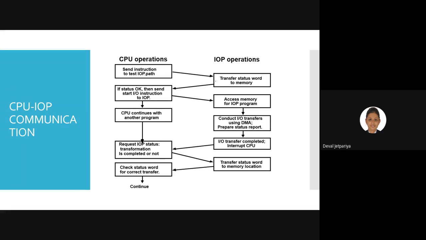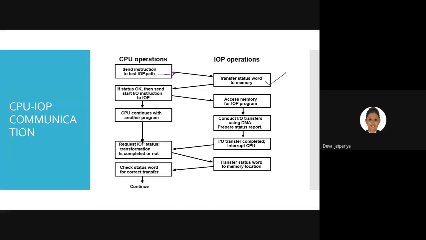The first operation that will take place towards the IOP is that the CPU sends one instruction to test the IOP path, right? In response, the IOP will insert some status word into the memory. What type of status word can the IOP initiate towards the memory?